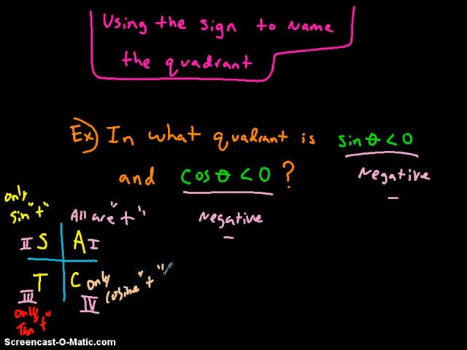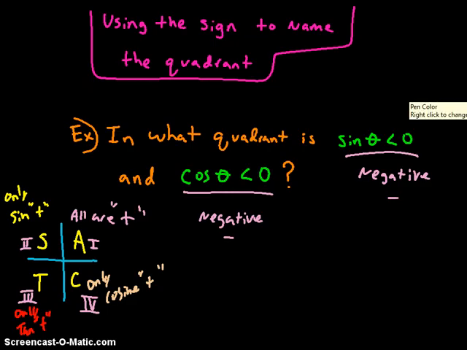So if that's the case, what I tell my students is, all students take calculus. That's my way of memorizing what goes where. So it's asking, in what quadrant are sine and cosine both negative? I can rule out 2 places right now.